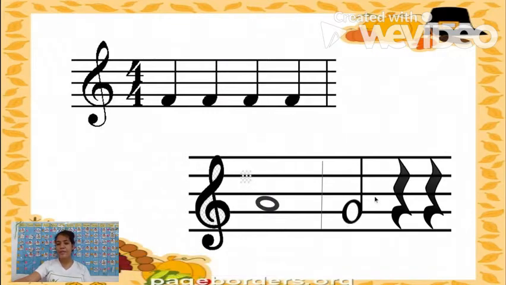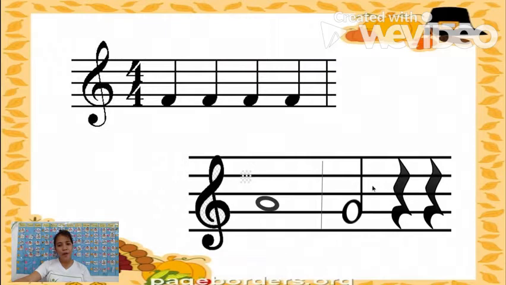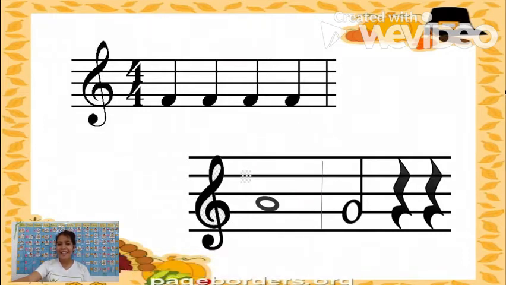And half note receives 2 beats. And this one is quarter rest. Each has 1 beat. So 2 plus 1 plus 1 equals 4. So it means the same as here, the time signature of this musical staff is 4/4 because each measure has 4 beats. Got it? All right, very good.